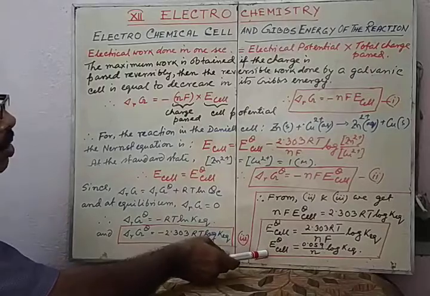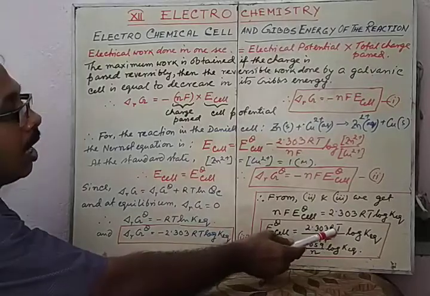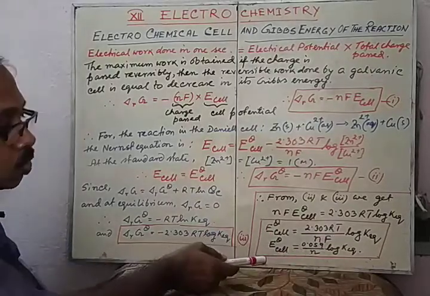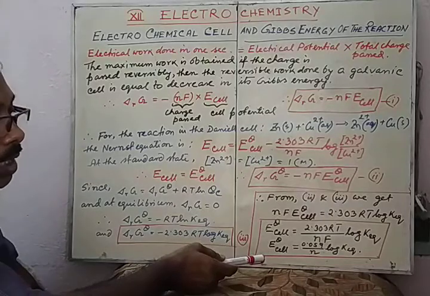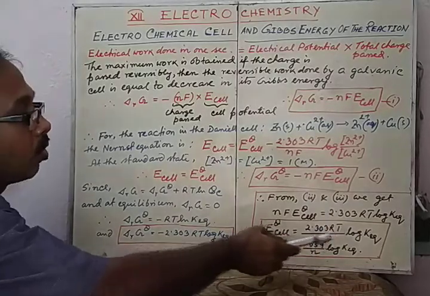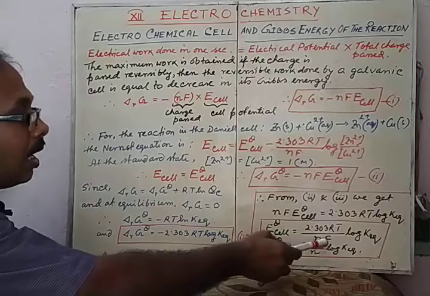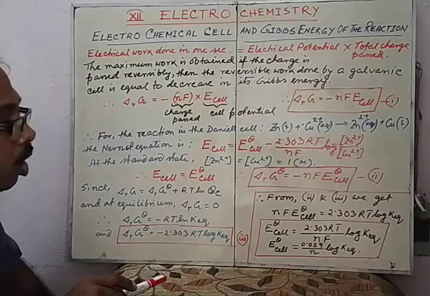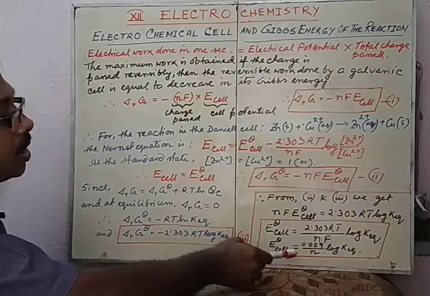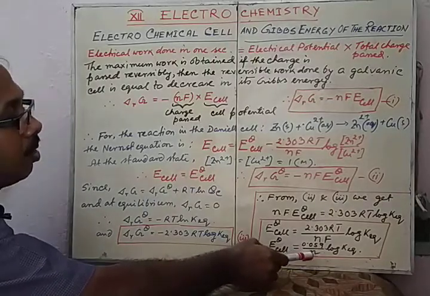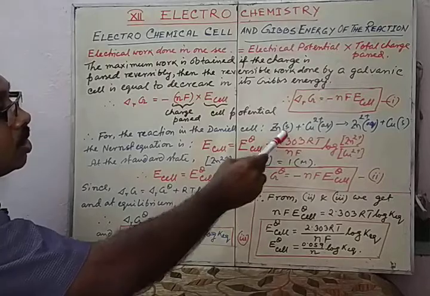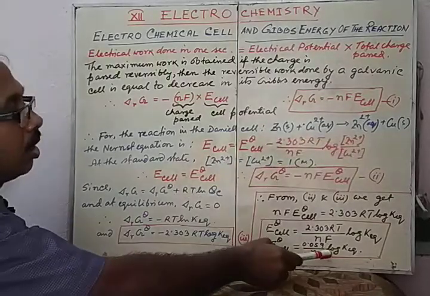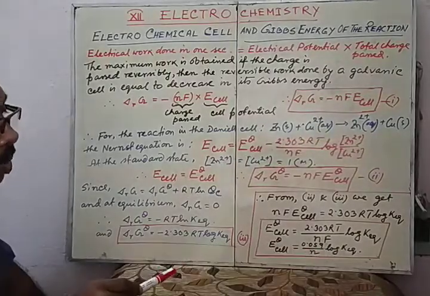If we apply R equals 8.314 joule per Kelvin per mole, T equals 298 Kelvin, and F equals 1 Faraday, that is 96487 Coulomb, the result is E0 cell equals 0.059 by n, where n is the number of electrons involved in the reaction, into log K equilibrium.